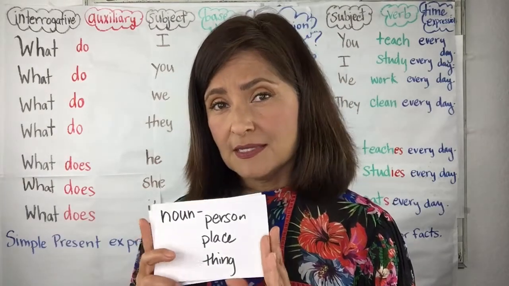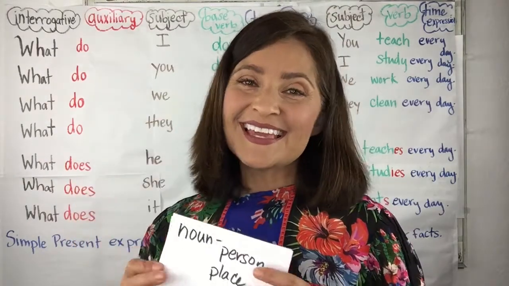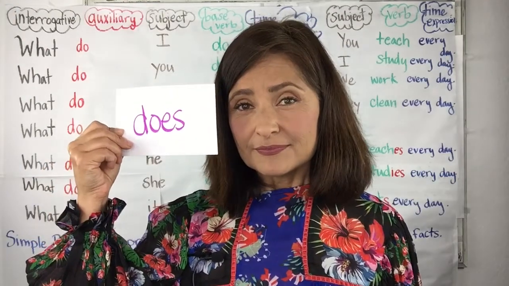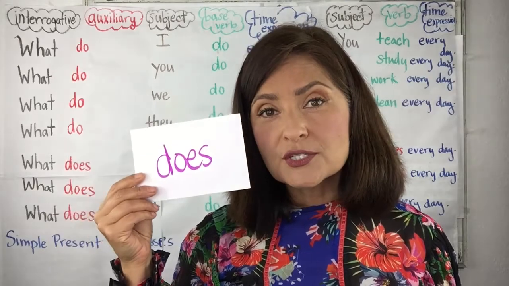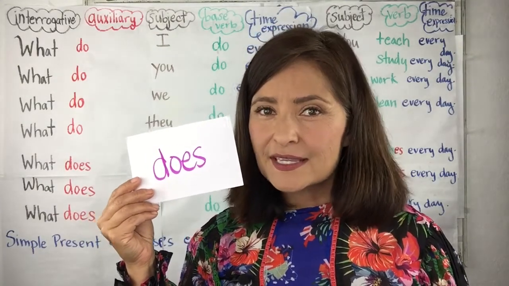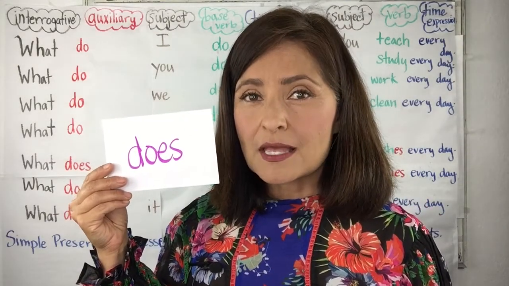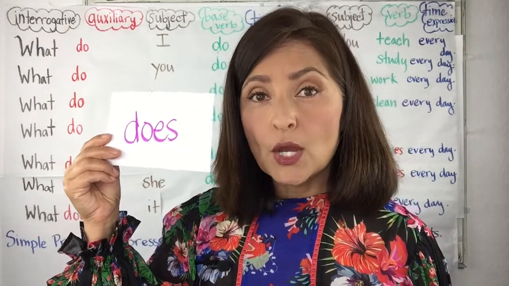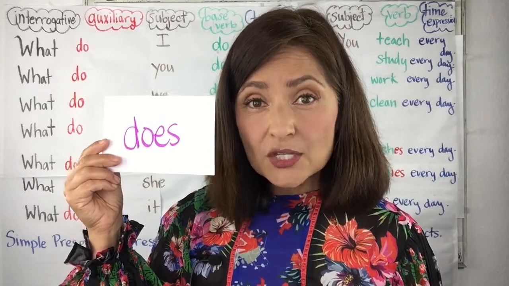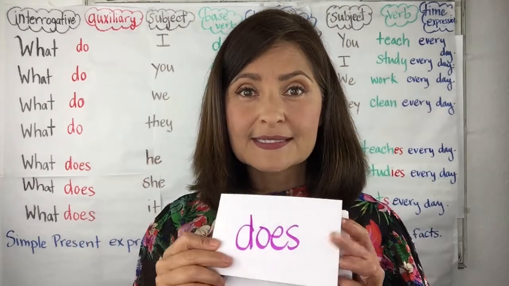But that is in the case of a noun. And the auxiliary does is a verb. So we are not going to add an S to express plural in this auxiliary. We add the S to express singular.